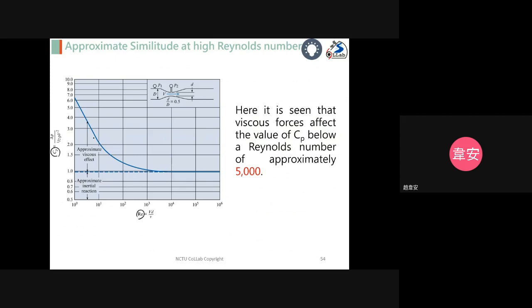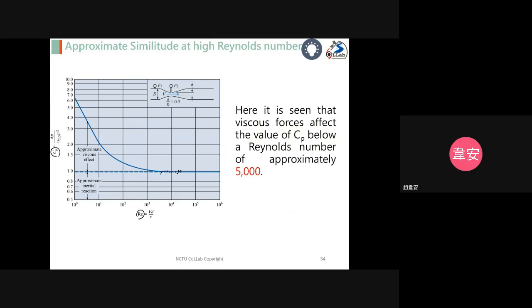You see the pressure coefficients decrease when the Reynolds number increases. But at a certain threshold around here, even though you increase your Reynolds numbers, the pressure coefficients are not sensitive to the Reynolds number changes. This is the threshold, around 5,000 for the Reynolds numbers.